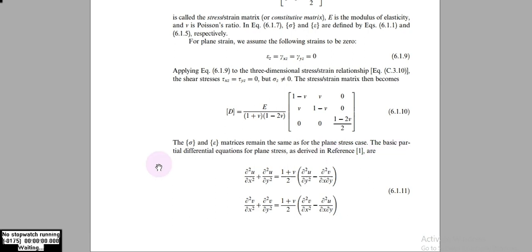The basic partial differential equation for plane stress is derived like this: del 2 u by del x square plus del 2 u by del y square is equal to 1 plus nu divided by 2 into del 2 u by del y square minus del 2 u by del x del y, and del 2 v by del x square plus del 2 v by del y square is equal to 1 plus nu divided by 2 into del 2 v by del x square minus del 2 u by del x del y.